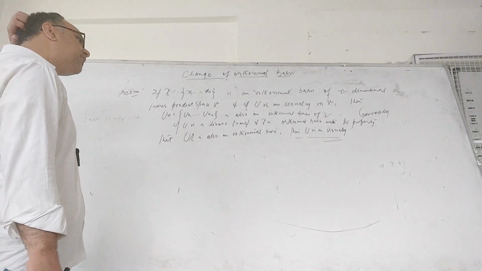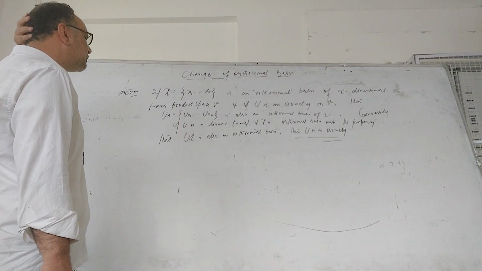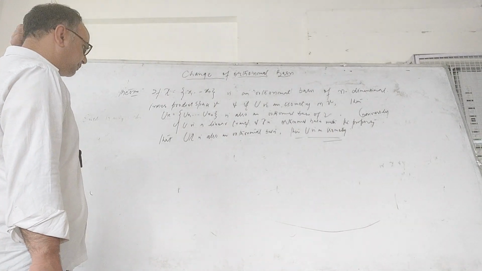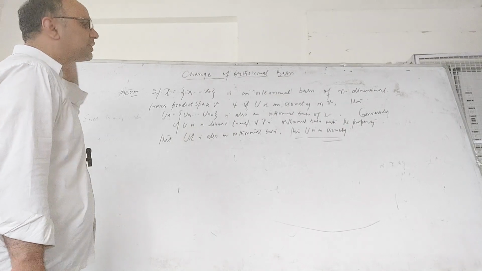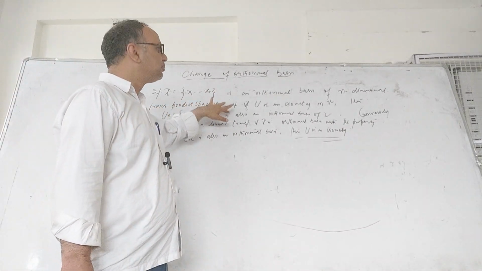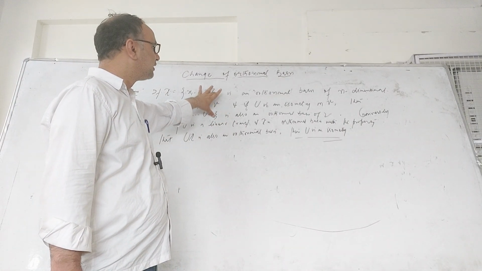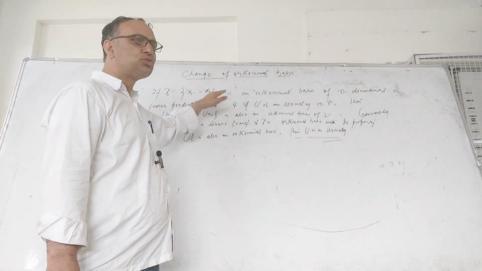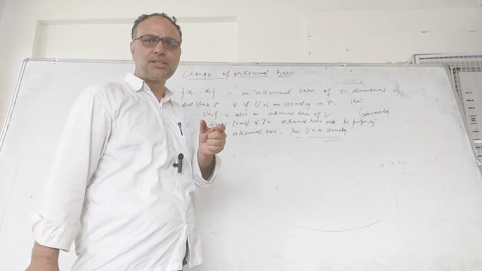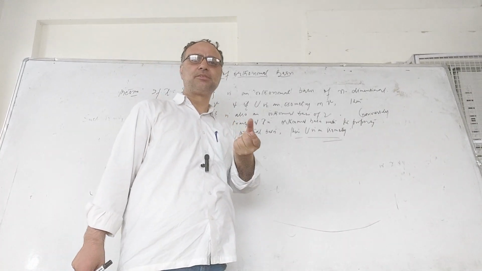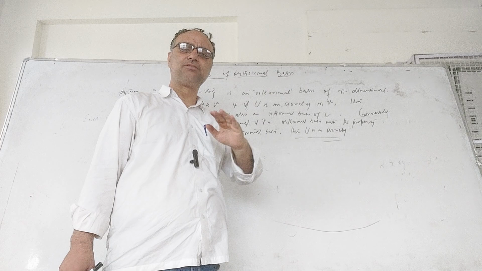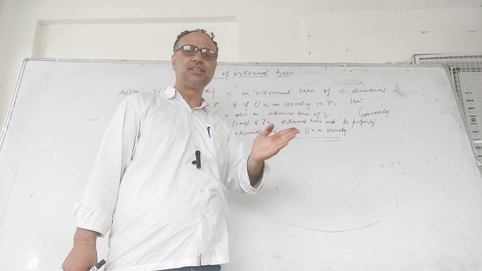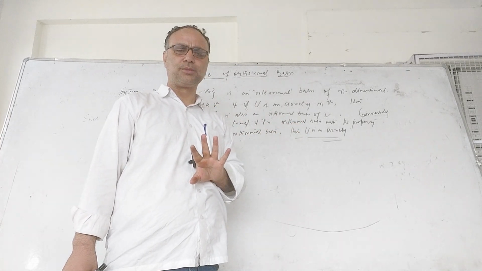So in the first case, if there is an isometry between two finite dimensional vector spaces, this means that if one of them has an orthonormal basis, the other will also have an orthonormal basis.